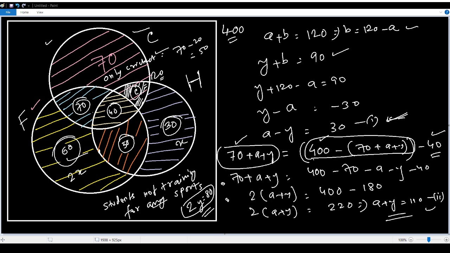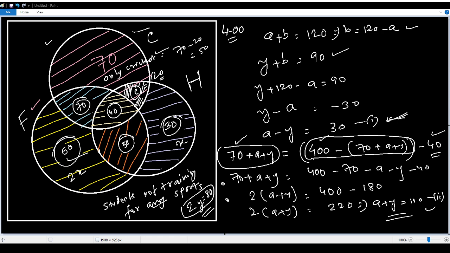So 140 is the number of people who are exactly in one sport. So percentage is what? 140 by 400 into 100. So 4 3s are 12, 35%. Okay. Next, what it is telling? The number of people who are playing exactly all the three sports.